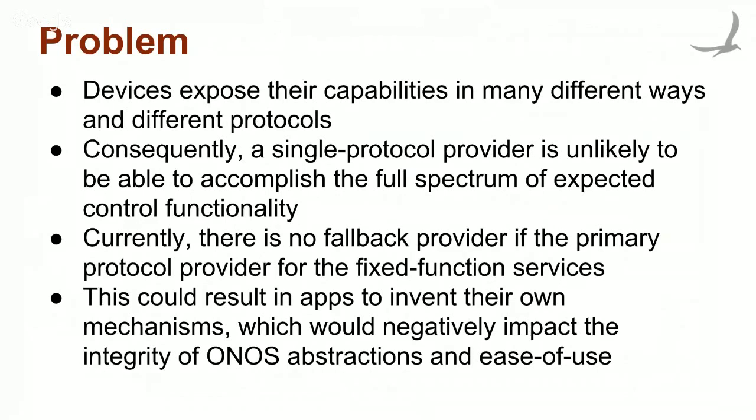And today we don't have any fallback provider for all of the primary subsystems like flow, rule, packet, route, meter, just some examples. Basically, if a provider is not supplied for that specific protocol or family of providers, then that capability is not accessible at all.